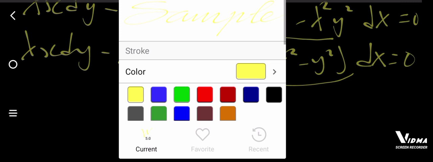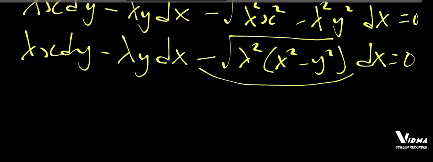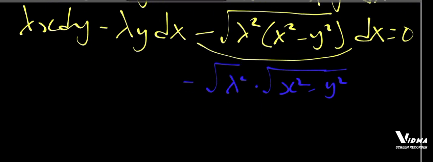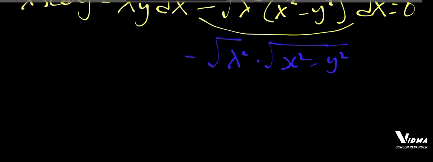So to prevent my solution from being too lengthy, we know that this term here can be written as square root of lambda square times square root of x square minus y square. And we know square root of lambda square will just give me lambda.